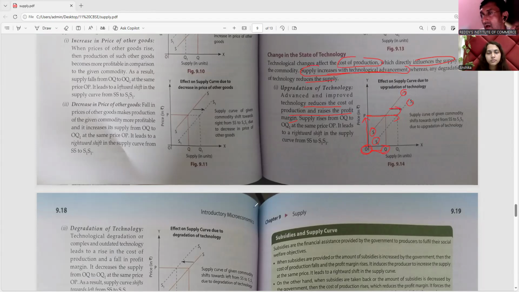It moves to the rightward shift. This is the major technological factor which is raising productivity with less cost, as well as raising supply with less cost. Got it?